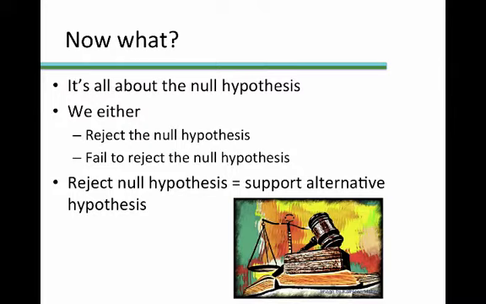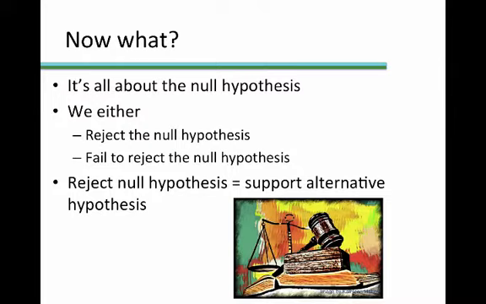In this case, the defendant's innocence is like our null hypothesis, that nothing happened. The judge or jury can either reject his innocence or fail to reject it. The defendant's innocence, or the null hypothesis, is always the default unless it can otherwise be rejected beyond a reasonable doubt.